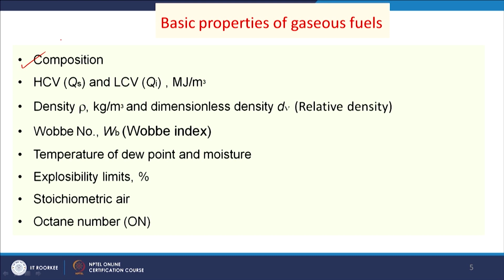Some of those properties are composition, high calorific value and low calorific value, density and dimensionless density or relative density, Wobbe number or Wobbe index, dew point temperature and moisture, explosivity limits, and stoichiometric air and octane number. All those properties are important to consider gaseous fuels as an energy candidate.